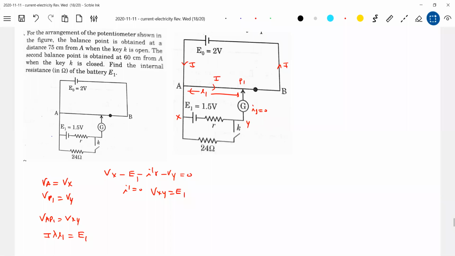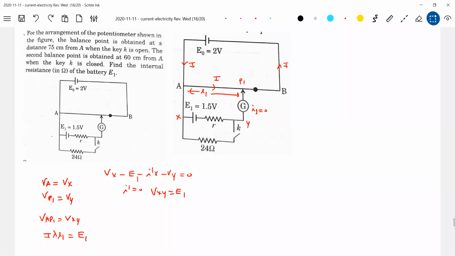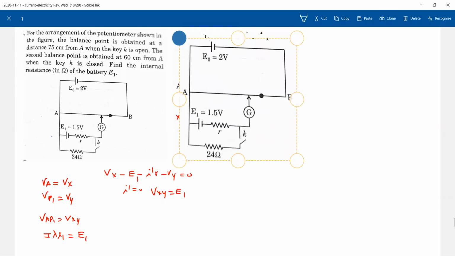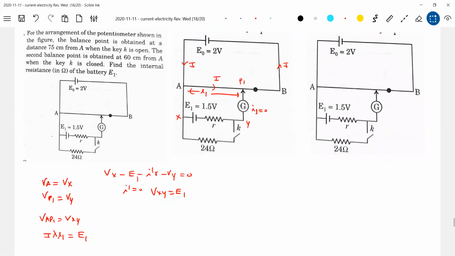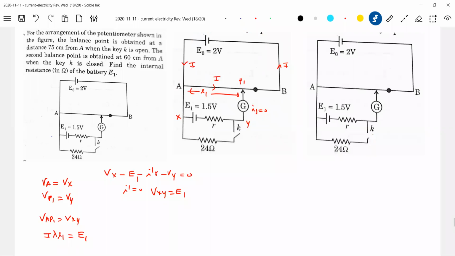Now, after this, I'm going to close the switch. After closing the switch, this particular point, the balance will shift somewhere. So no current flows through the galvanometer now also.